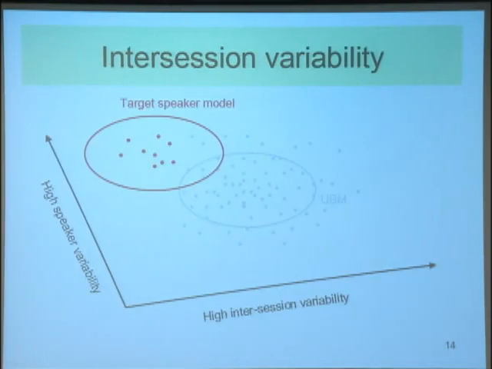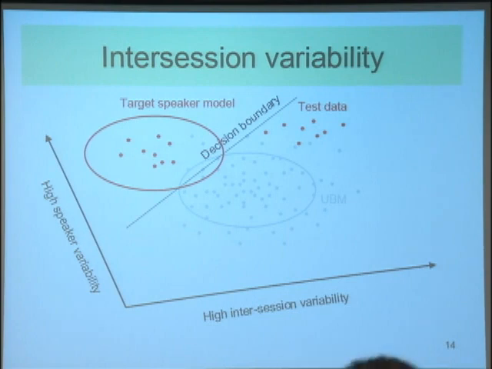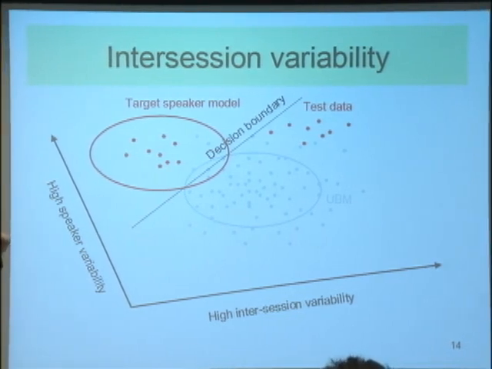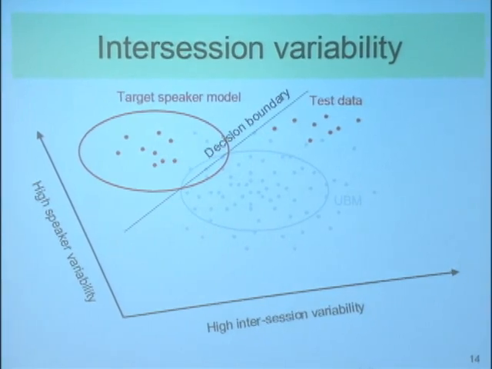Maybe just again a demonstration of what the problem is. Before, I showed you that even for the ML trained model or the adapted model, we would get the decision boundary wrong.